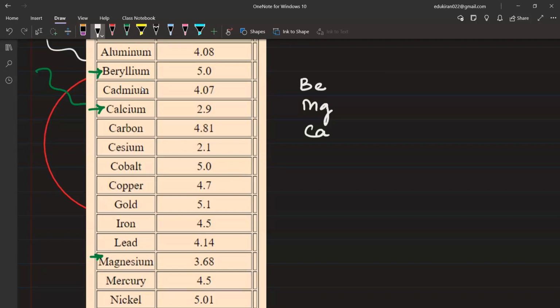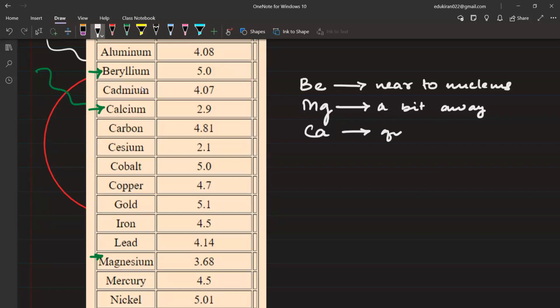Now, can I say that whatever electron is present in beryllium, it is nearer to the nucleus? Yes, sir. The magnesium one is a bit away, and calcium is quite far away.